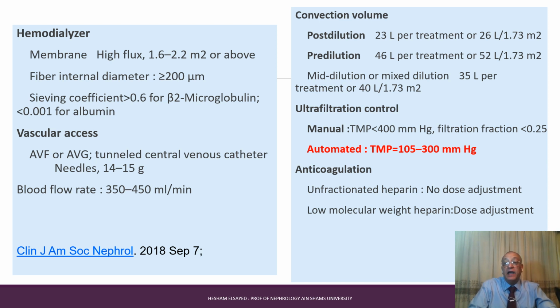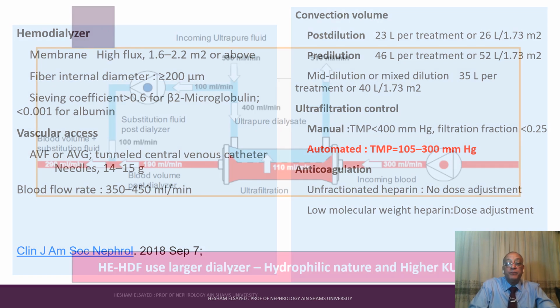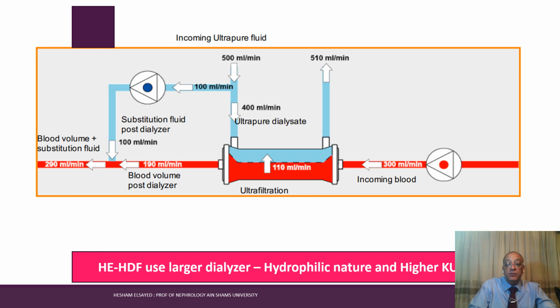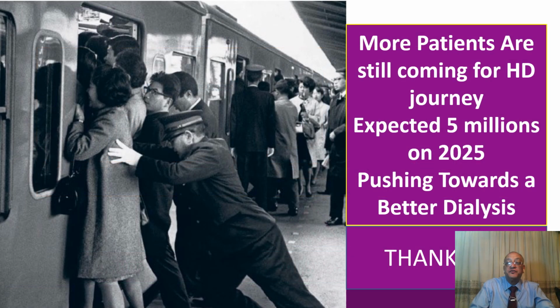Use large needles, and you can do post and pre-dilution in that way. And hemodiafiltration is highly efficient with a larger dialyzer, more hydrophilic nature, and higher ultrafiltration, so decreasing the transmembrane pressure, and you can have a highly efficient hemodiafiltration therapy.